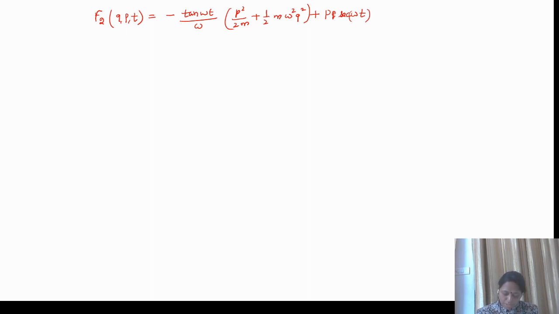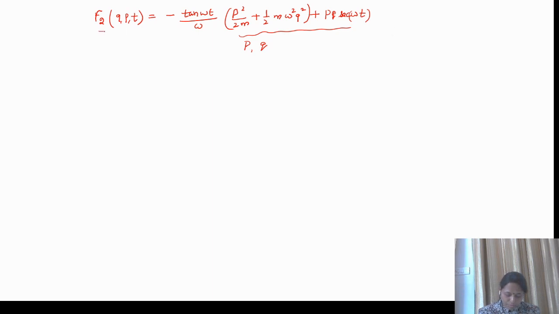You know that in this expression you are having something wrong here. This should be capital P, right? In this expression you have capital P, you have q. So this simply means that it is fulfilling the conditions for it to be F2, right?